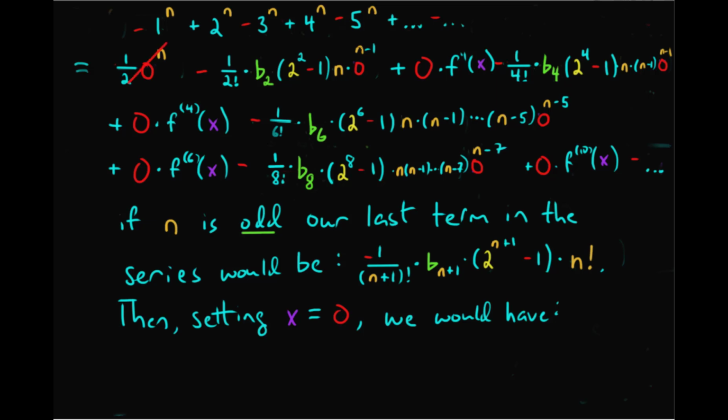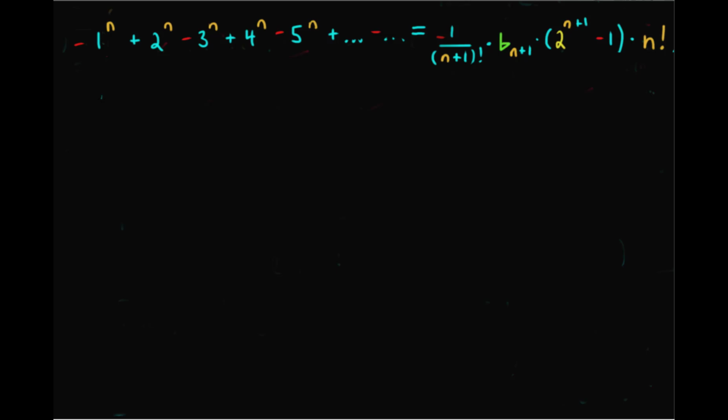And so all of our terms on the right-hand side cancel except for our very last term in the series, and we're left with the expression negative 1 to the n plus 2 to the n minus 3 to the n plus 4 to the n minus 5 to the n plus dot dot dot equals negative 1 over n plus 1 factorial times b sub n plus 1 times 2 to the n plus 1 minus 1 times n factorial.